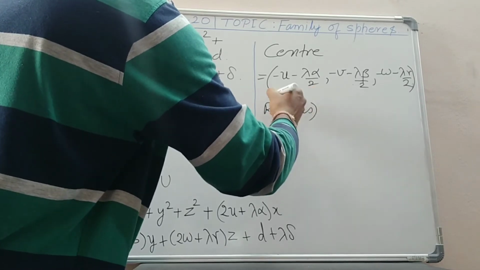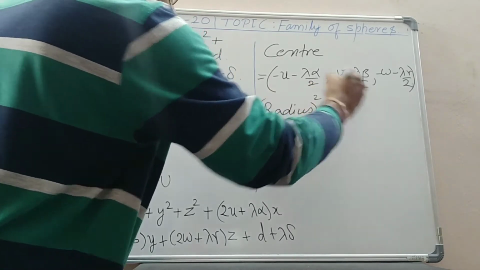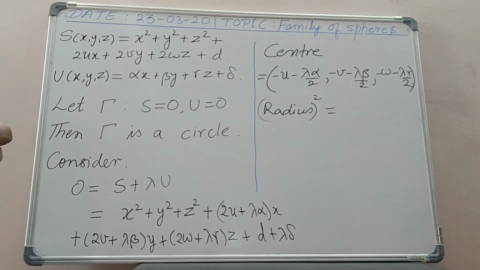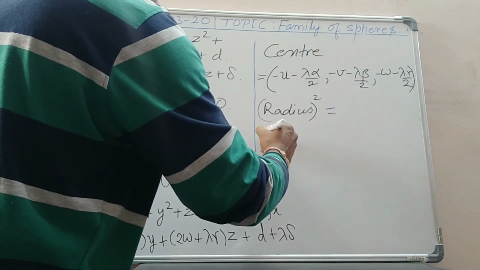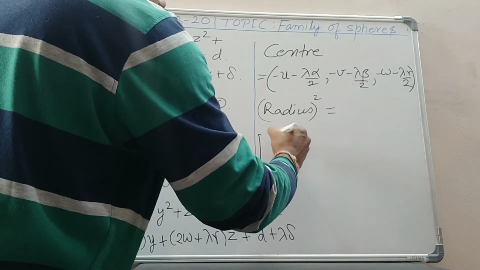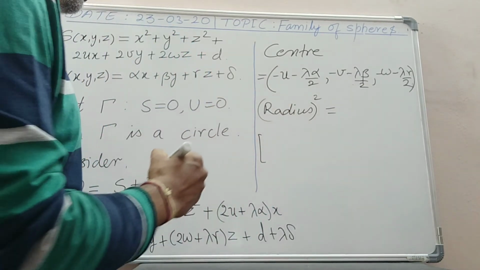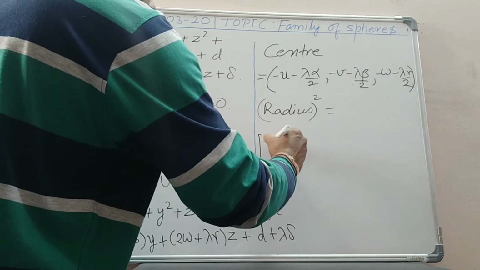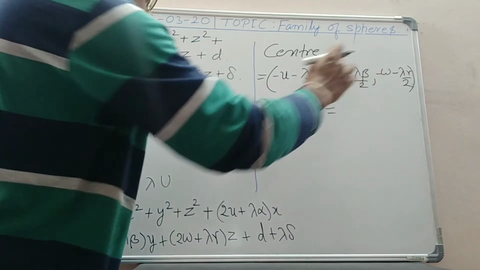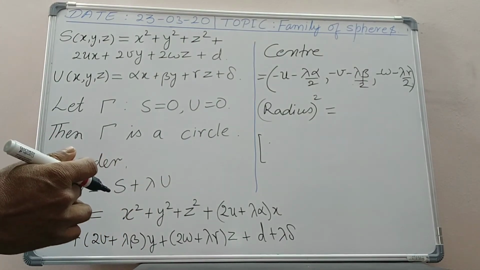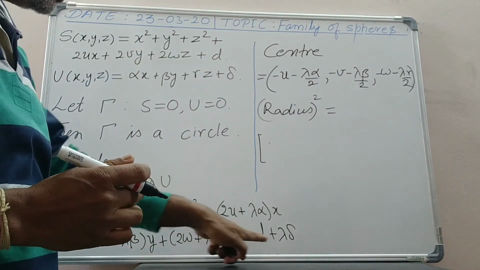Radius squared. So let me write down the radius squared. The radius square will be equal to u square plus v square plus w square minus the term corresponding to this.